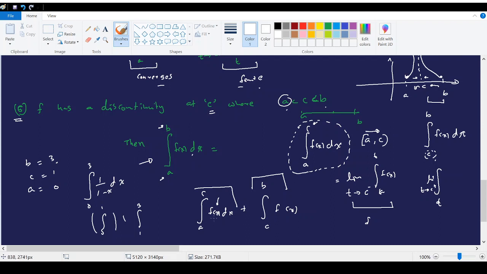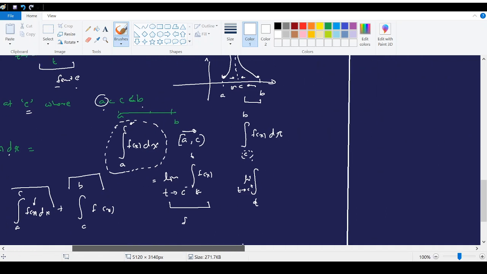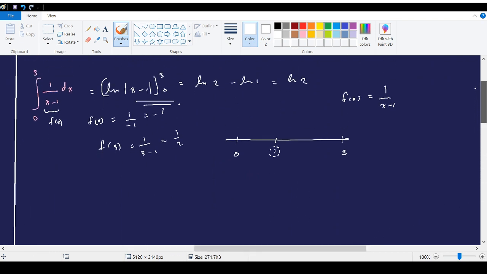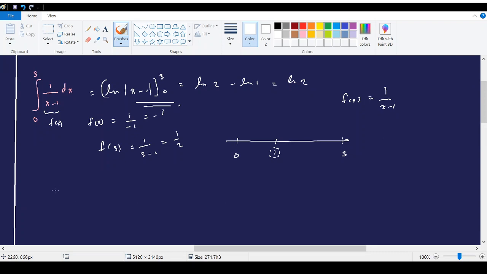And if at least one of them diverges, we can directly say that the total integral will also diverge. Okay, so that should be our goal to compute the given integral. So we'll first evaluate the integral from 0 to 1.